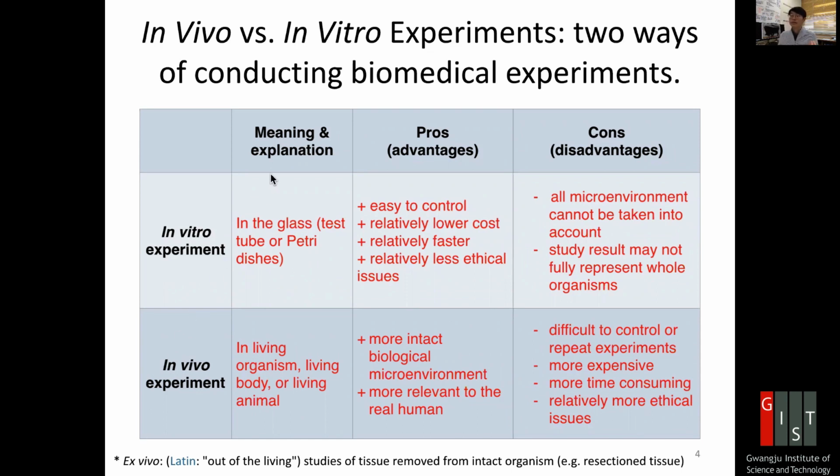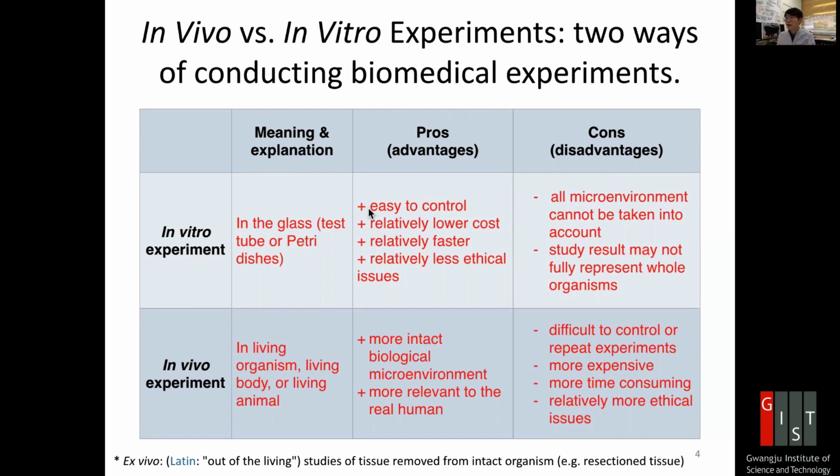In vitro means inside the glass, such as test tubes or Petri dishes, while in vivo is Latin, meaning inside a living body, living organism, or living animal. And they have both pros and cons, or advantages and disadvantages.